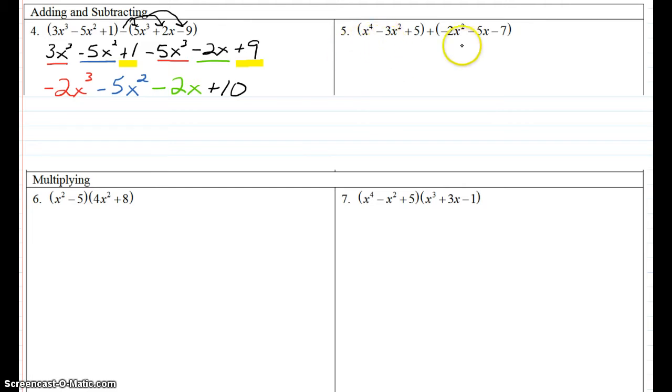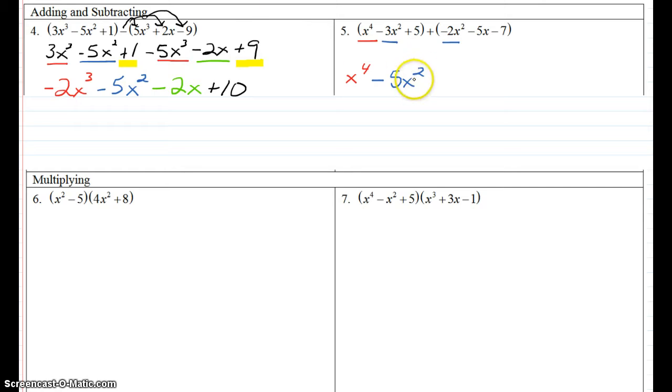Number 5, now we're just adding. So when there's a plus sign, we don't have to worry about anything. We can go and combine our like terms. Again, you're going to want to put it in standard form. And so we have x to the fourth. It's our only one, so it's just x to the fourth. Now I'm looking for an x cubed. I don't have one. So now I'm going to go to x squared. So now I have a minus 3x squared plus a negative 2x squared, which gives me a minus 5x squared.